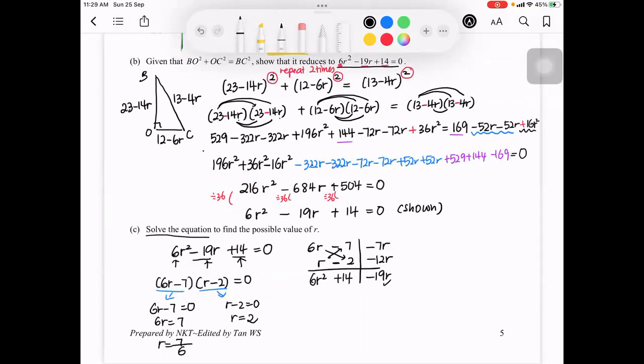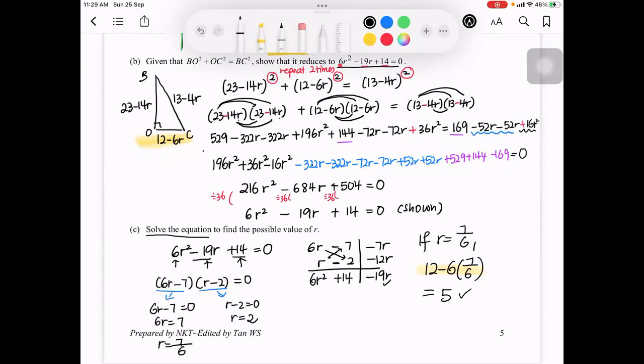but I must check, okay? Look at my diagram here. The shorter side is my OC. Let us check, using the shorter side. If R equals 7 over 6, this is 12 minus 6 times 7 over 6, which gives me a length of 5, still valid.